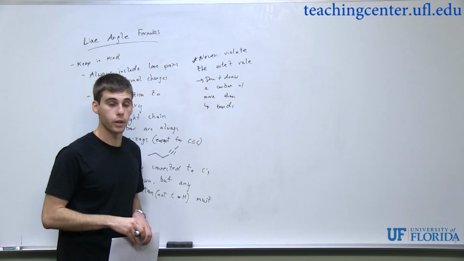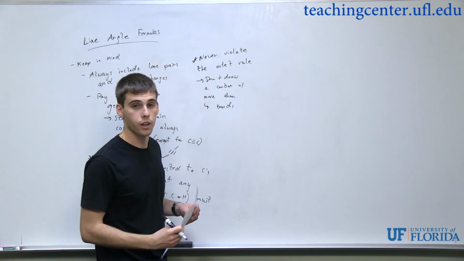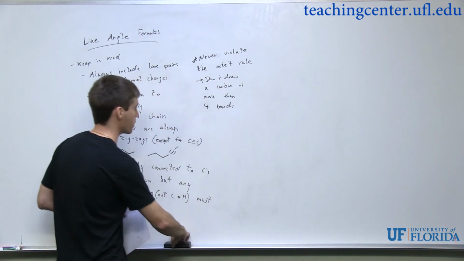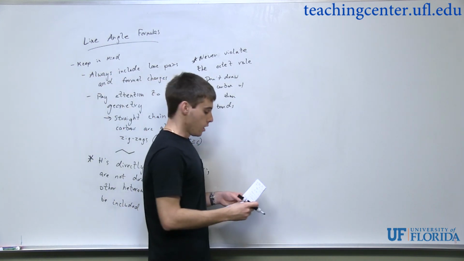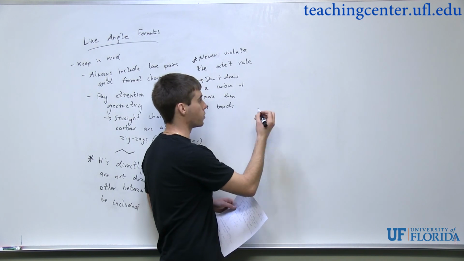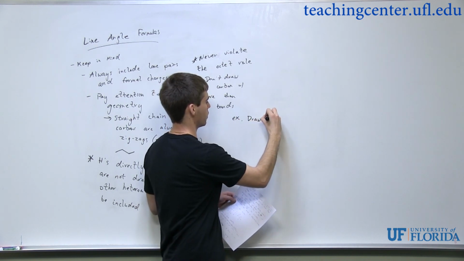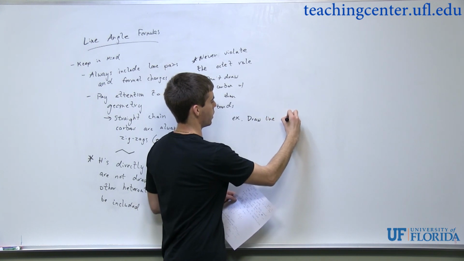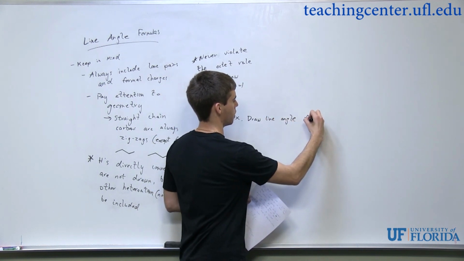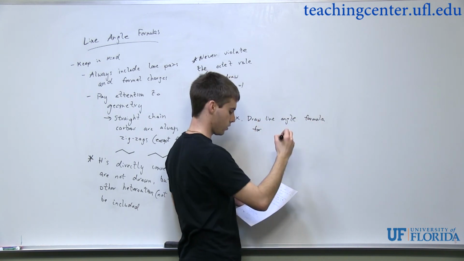So now let's do a quick example, just kind of how to go into drawing these formulas. So actually let me erase, we'll keep these up. So let's say we wanted to draw the line angle formula for this molecule.